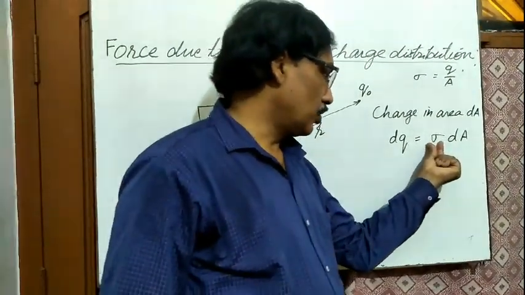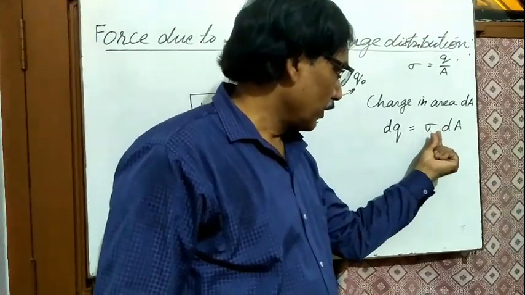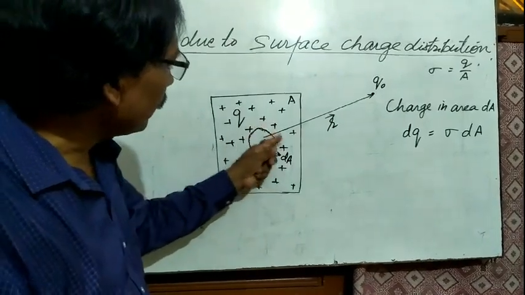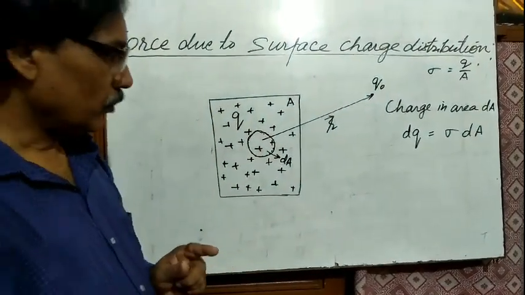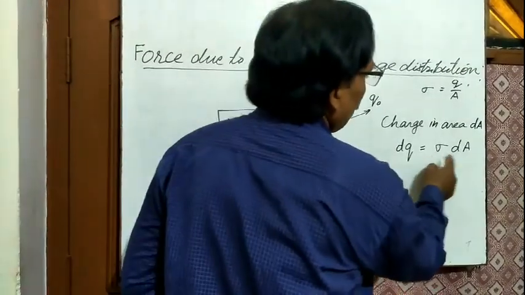Unit area has charge sigma, multiplied by the small area, gives the charge contained in this area dA. So dQ is equal to sigma dA.